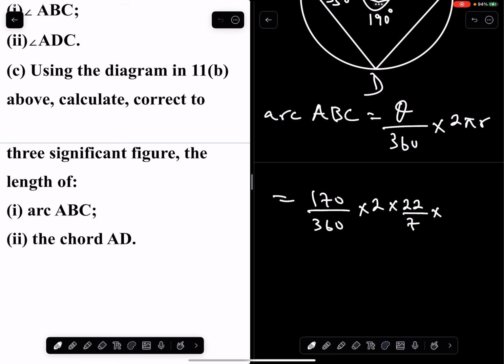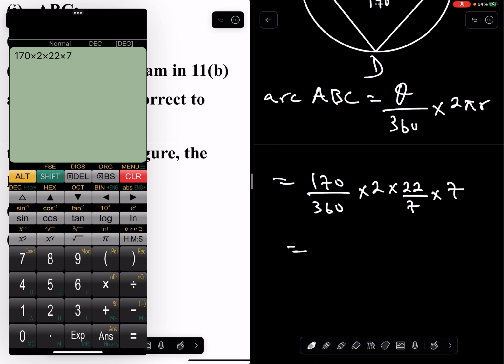Let's do that: 170 times 2 times 22 times 7 divided by 360 divided by 7, and that's 20.7778.